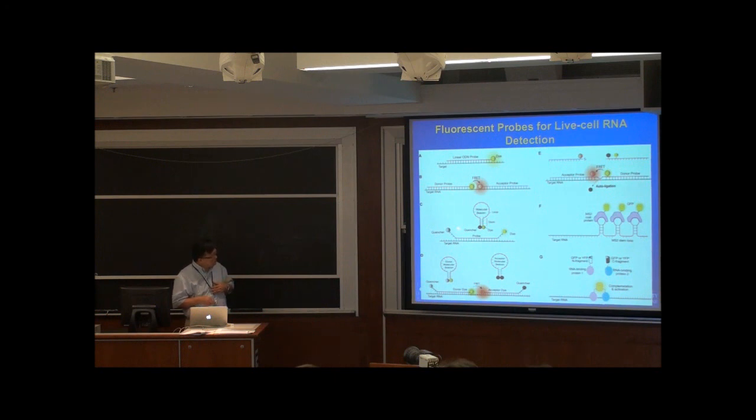Doesn't matter if it binds to the molecule you want to study or not. Now for the molecular beacon, it has this nice feature that if it does not bind to your target, in this case an RNA molecule, it has no signal because the fluorescence is quenched by the quencher, right? But once it binds to the specific target you want to study, in this case RNA molecules, it opens. Actually, the basic idea is biomechanics in a sense.